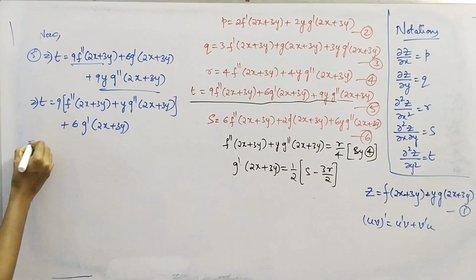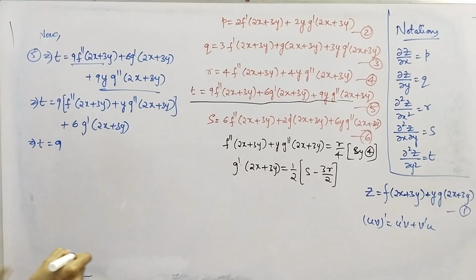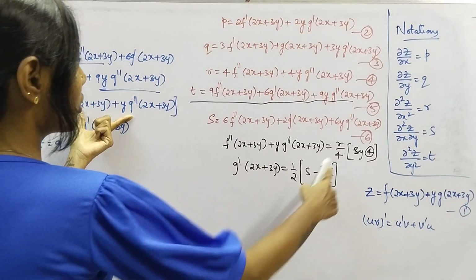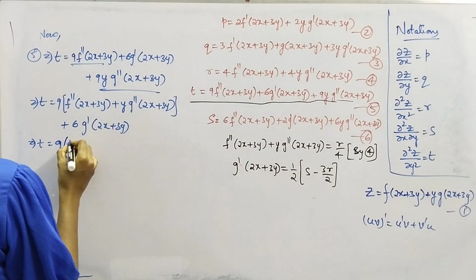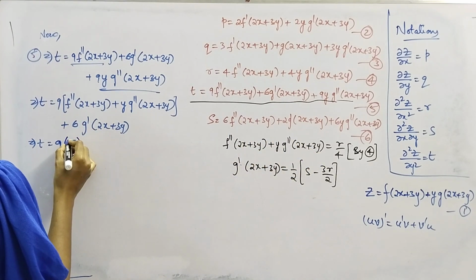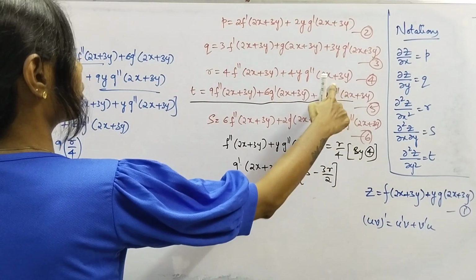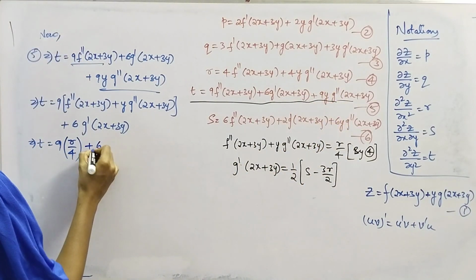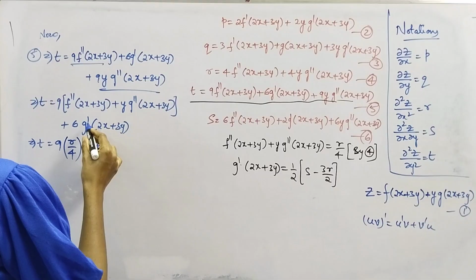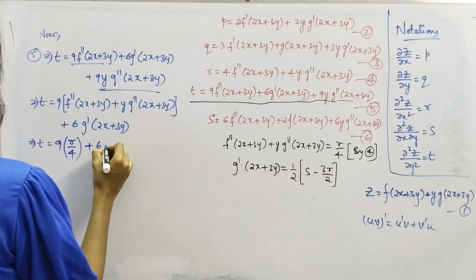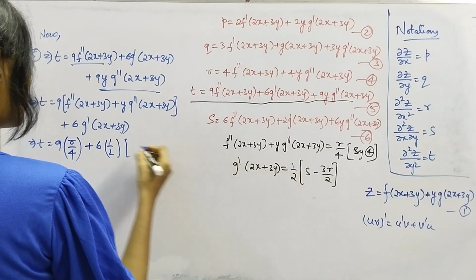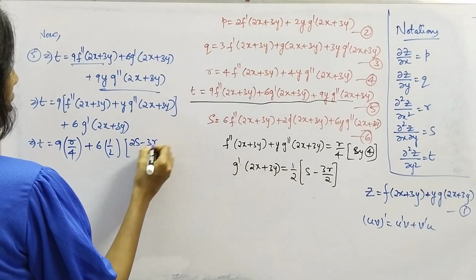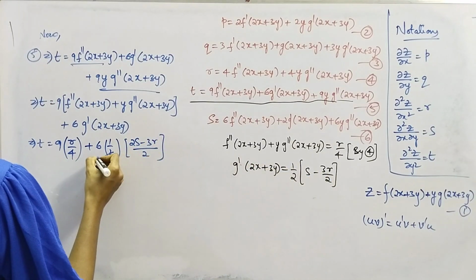Okay, fine. What we are going to do is just replace f double dash plus y into g double dash by r by 4. We got this using equation 4, plus 6 into, replace the value of g dash, which is 1 by 2 into, simplify it here itself, 2s minus 3r by 2.